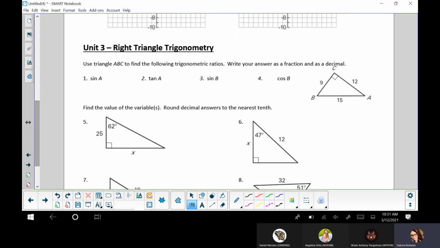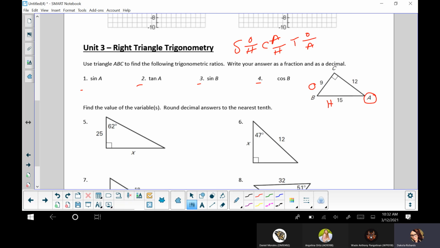Wade asked about 1 through 4. You basically need to know SOHCAHTOA, and what those ratios are. So for number 1, if you're trying to find the sine of angle A, the sine function has opposite and hypotenuse.